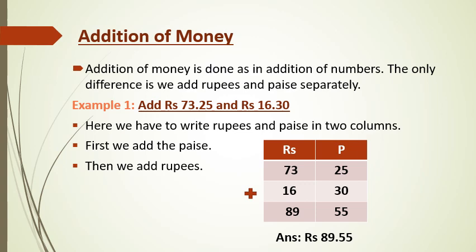So we will start with 3 plus 6 is equal to 9, and then 7 plus 1 is equal to 8. So the answer is rupees 89 and 55 paise, or we can write it like rupees 89.55. Okay, student, followed?